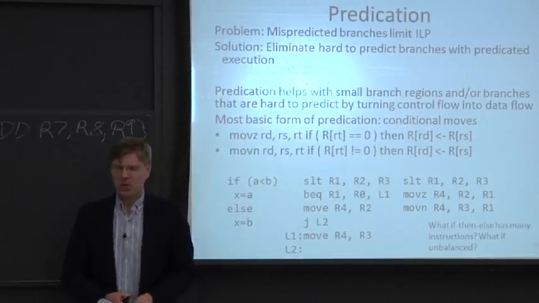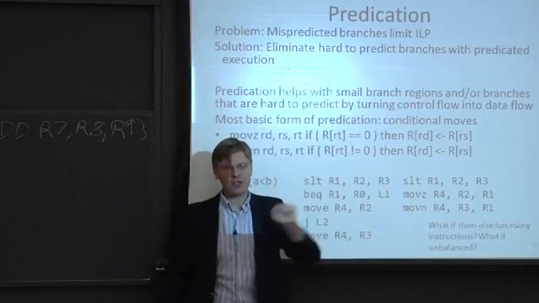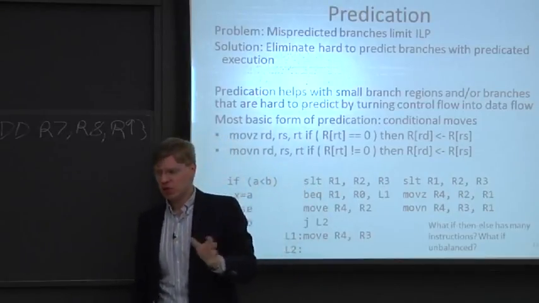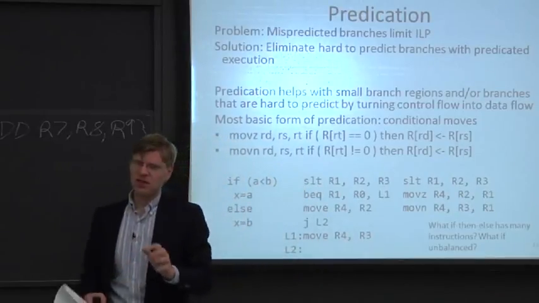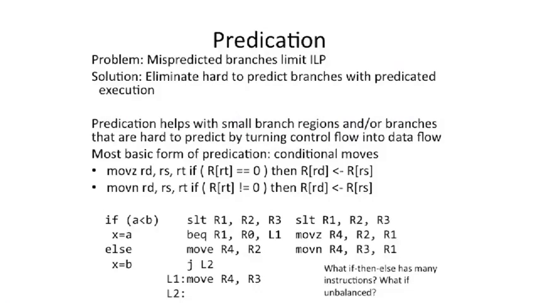One of the problems that comes up here is that if you have branches and they mispredict, this can limit your instruction level parallelism in a VLIW. So why is this worse than in an out-of-order superscalar? Well, an out-of-order superscalar can dynamically schedule around branch mispredicts.